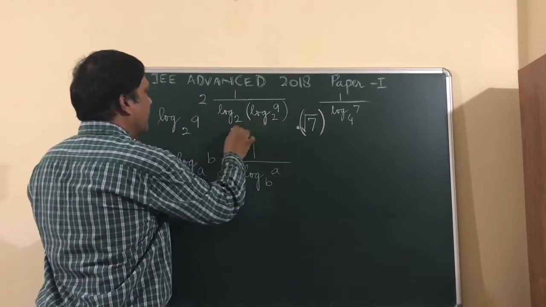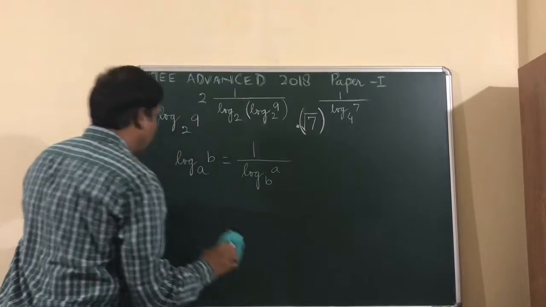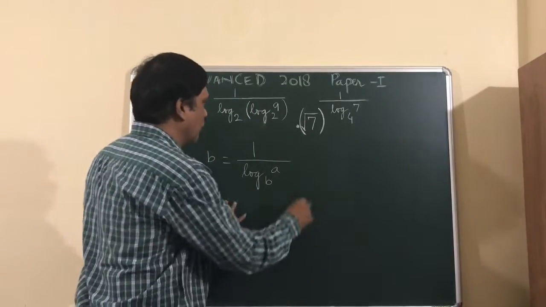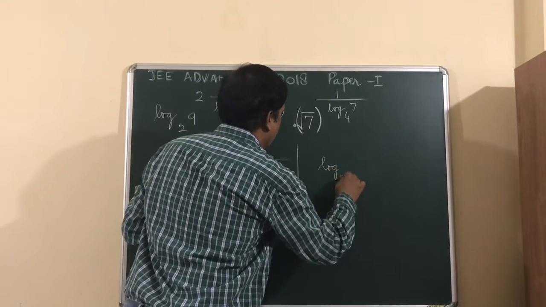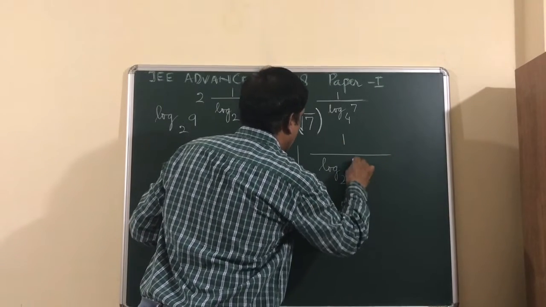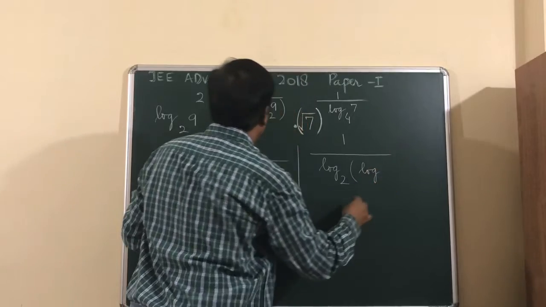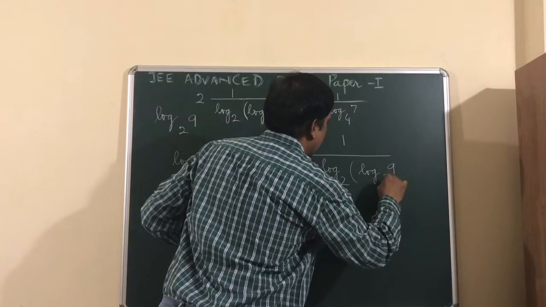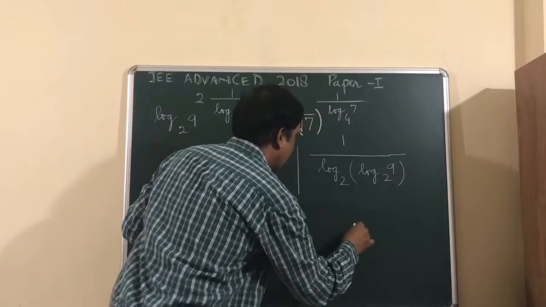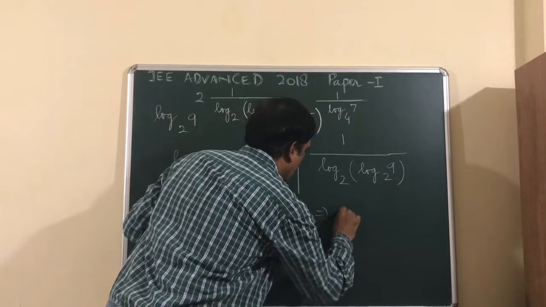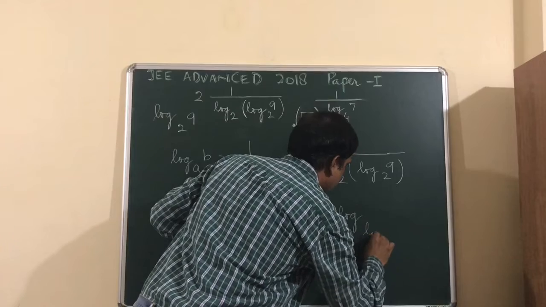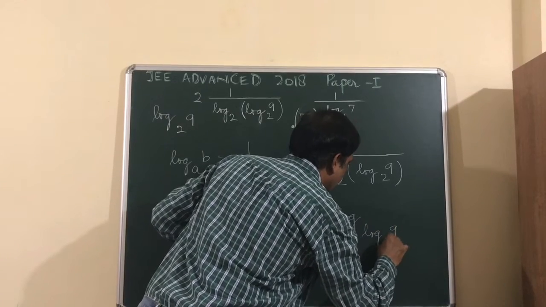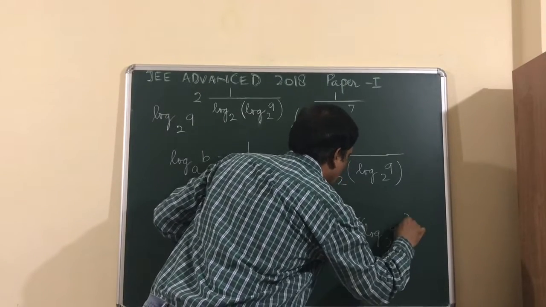This thing will come into the numerator, and using this property we can write log base 2 of 1 upon log of 9 base 2 as log base 2 of log 9 base 2 into 2.